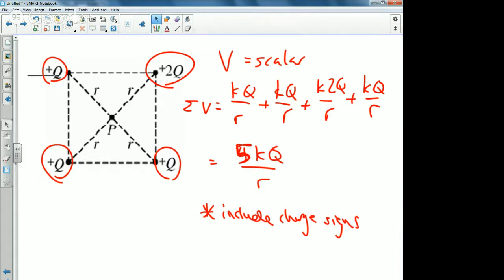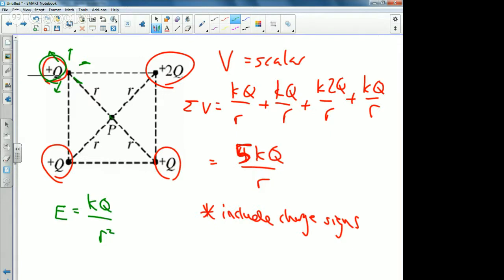Now, if we're talking about electric field, however, this formula is not on your reference table, but you have to understand it's a combination of other formulas. But you should know your formula is E equals KQ over R squared. And it goes out of positive in each case. So for the first one, at point P, it's going down right. But that cancels out with this one over here, which is going up left.